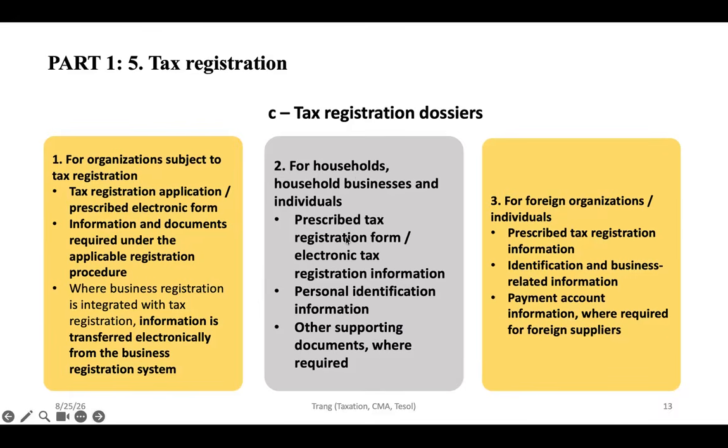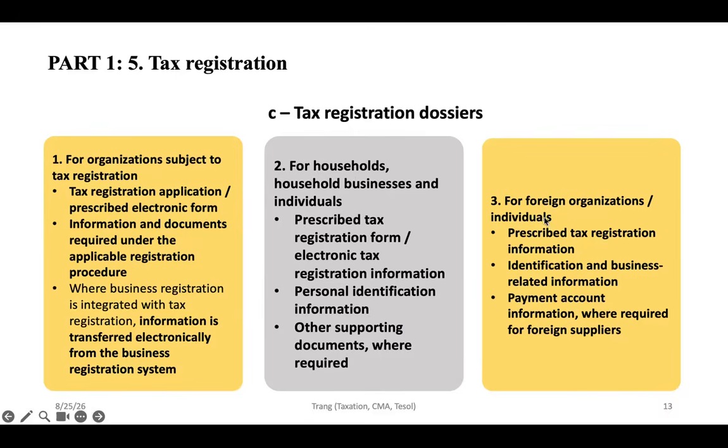Similar to corporations, they must fill out a prescribed tax registration form or submit electronic registration information. Crucially, they must provide their personal identification information, such as their national ID card. They must also attach other supporting documents where required by law.